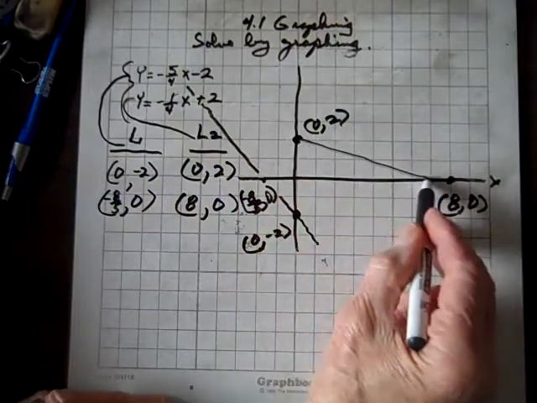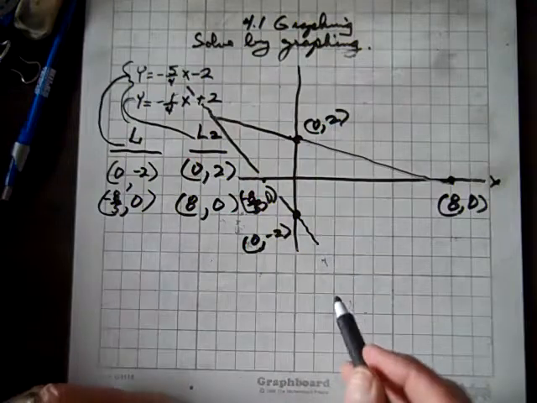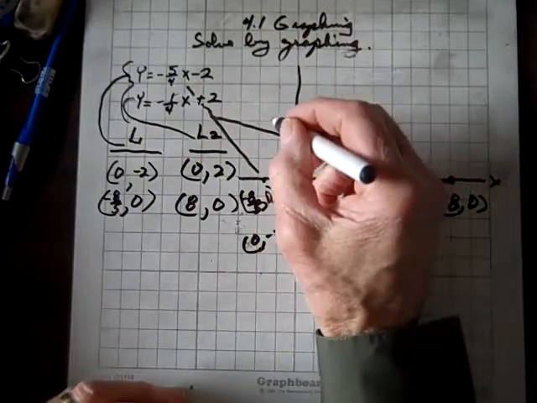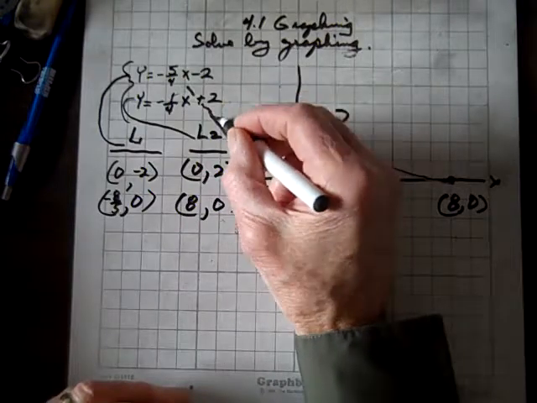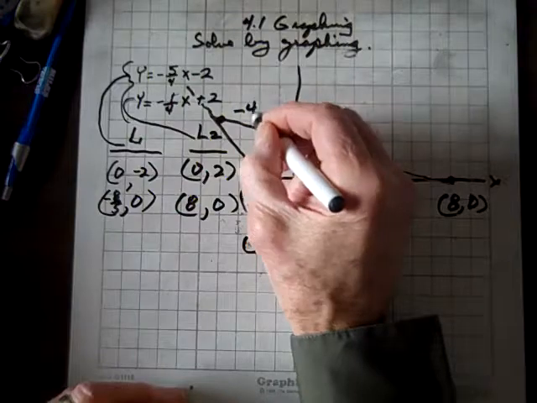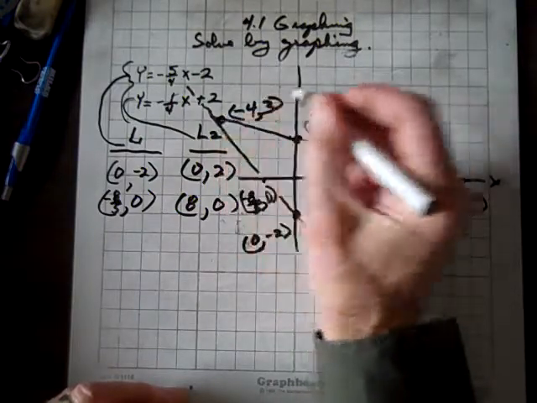Let's see if we can make this work. I'll graph this much of it. It looks like we wind up at 1, 2, 3, 4 by the graph, and keep in mind my graph's a little rough, -4, 3. There's the point right there.